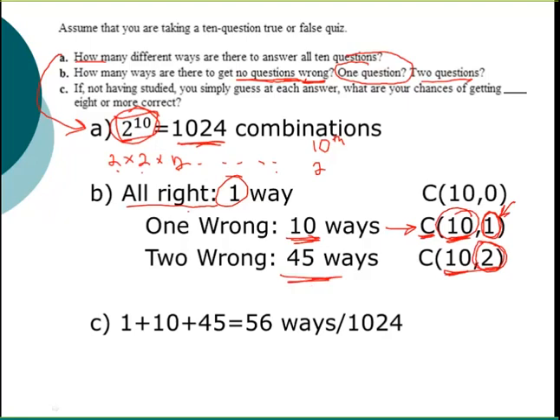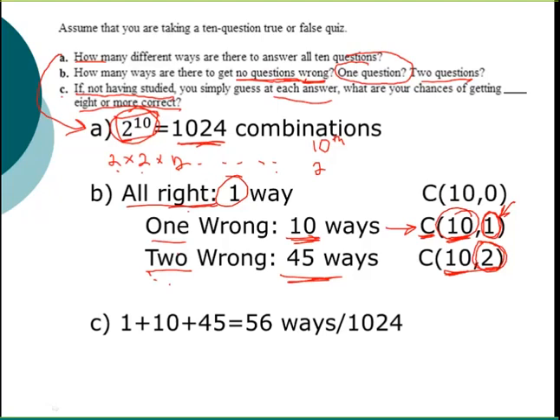Okay. Letter C. If not having studied, you simply guess at each answer, what are the chances of you getting 8 or more correct? Well, 8 or more means that you could get 2 wrong, 1 wrong, or all of them right.